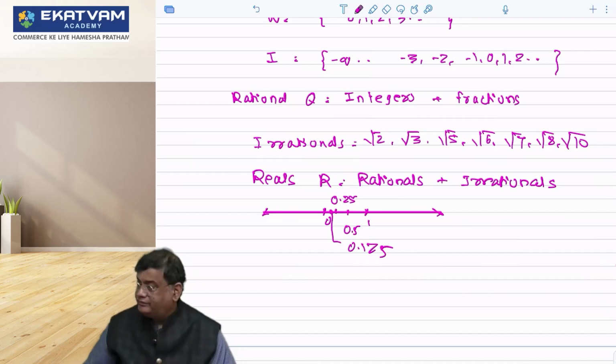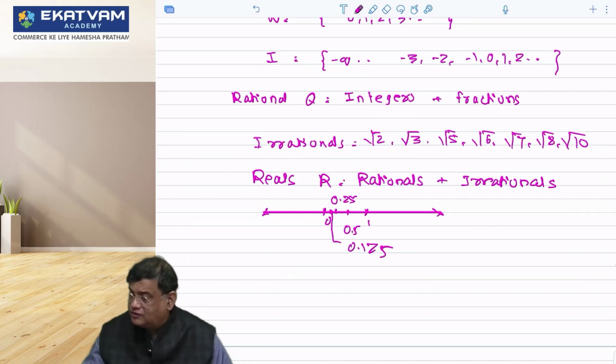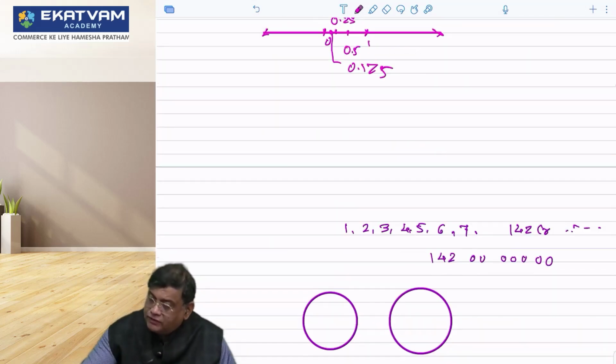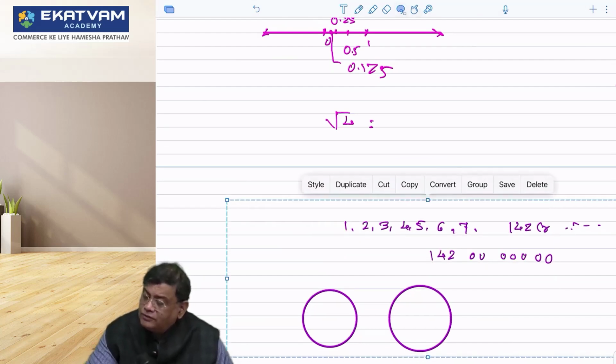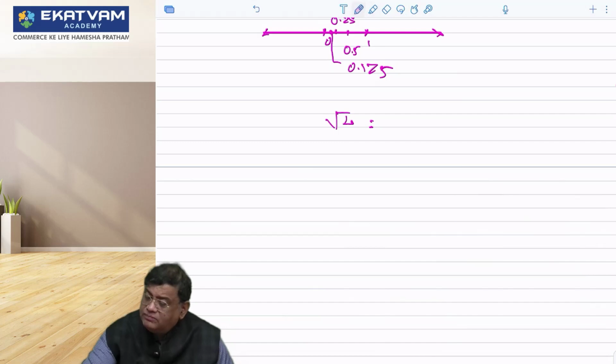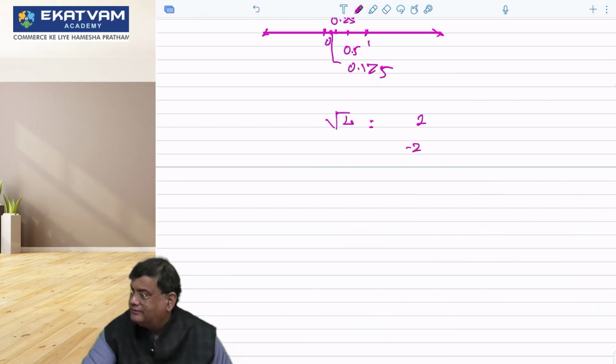Is that clear? Now I asked you a question: what is root of 4? So you can tell me that root of 4 is 2 or root of 4 is minus 2. Why?